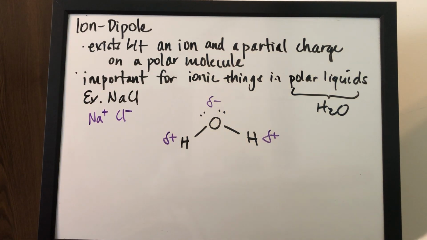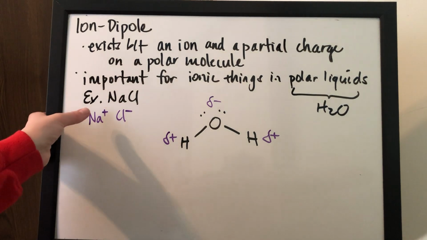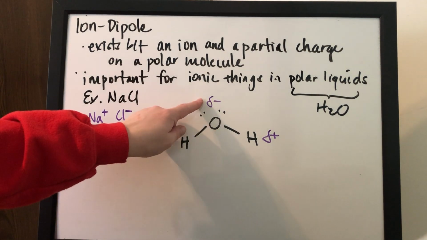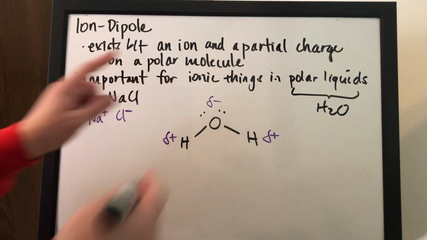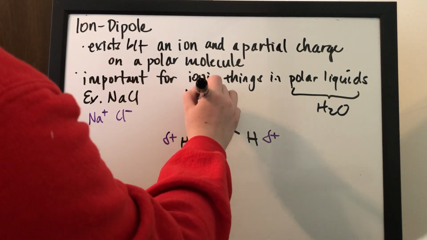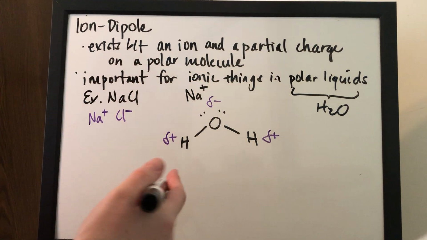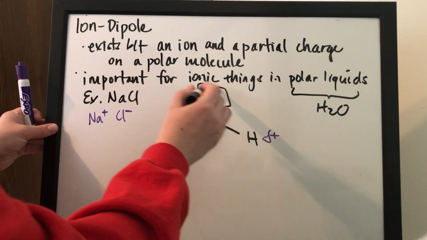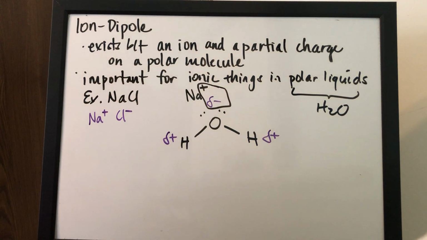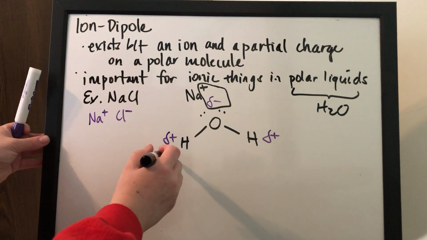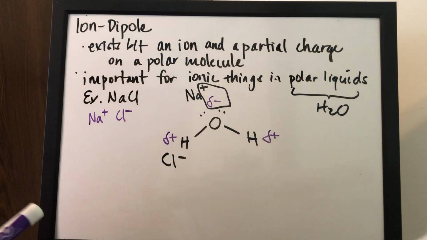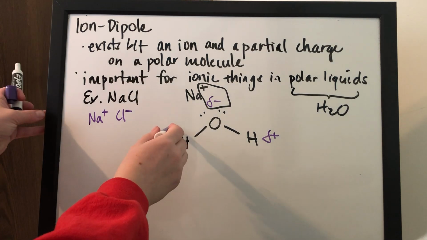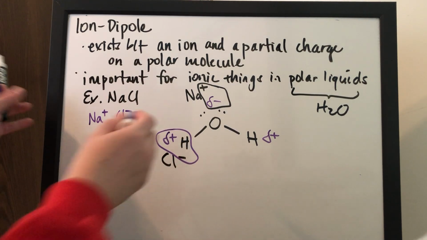And so there's going to be a huge attractive force when you put an Na+ up close to the partial negative of the oxygen. So the sodium's positive charge and the partial negative of the oxygen, that's a huge force of attraction. And the same thing can be said when you put a chlorine with its negative sign up near the partial positive of a hydrogen.